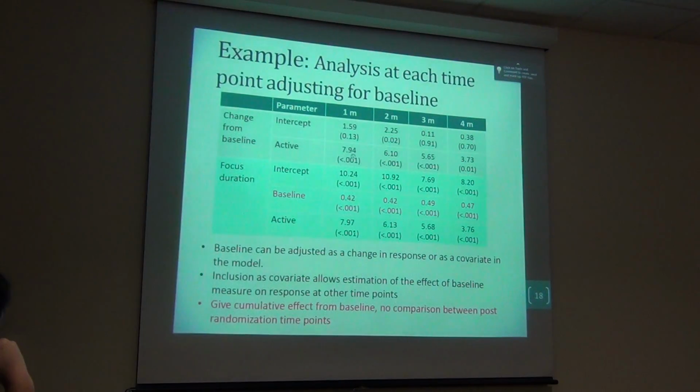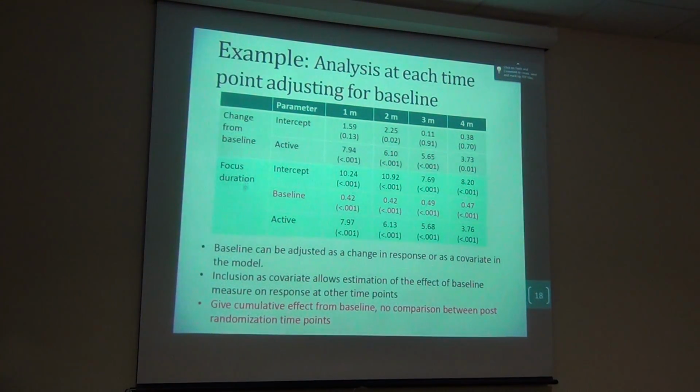In the models, the model is usually like an average from the data that you collect. In this model, you calculate the individual change first, the change from baseline, for each person. And you put that in a model, then it gives you the average effect for active compared to control.